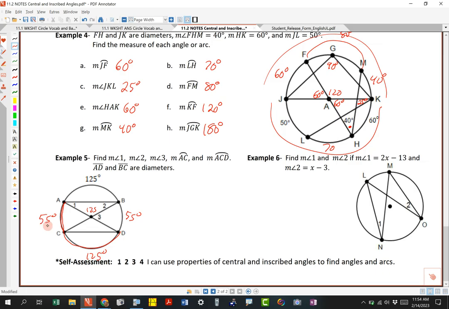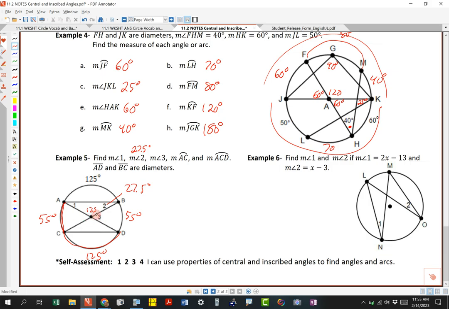If this is 55 degrees and it's intercepted by that inscribed angle there, 27 and a half, 27.5. So angle 2 is 27.5 degrees. Wait a second. Those are both radii.